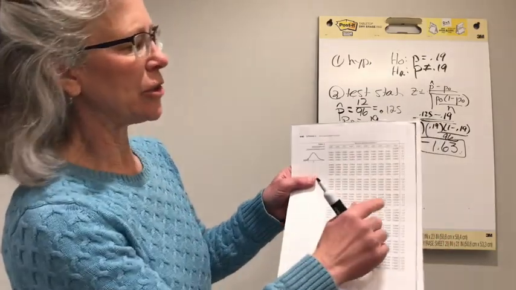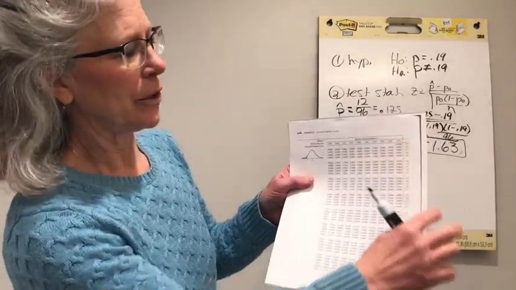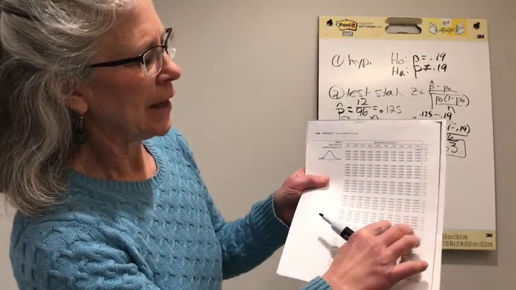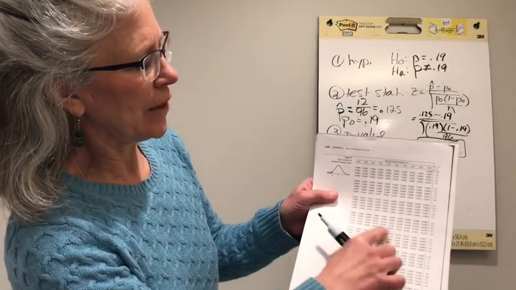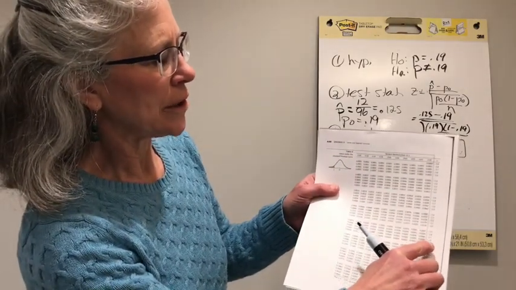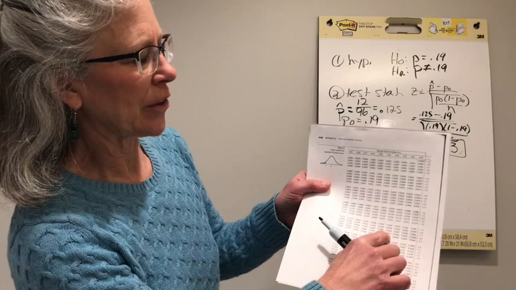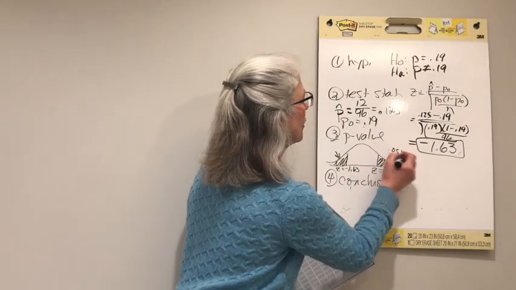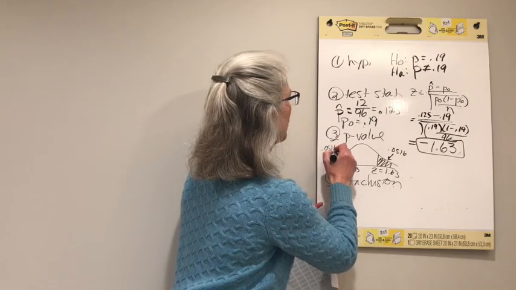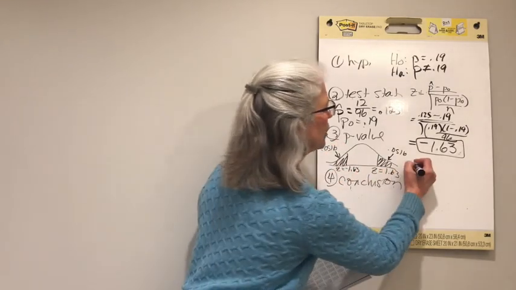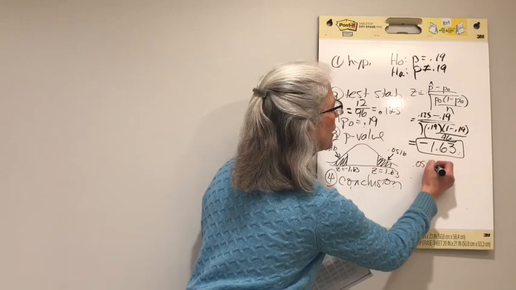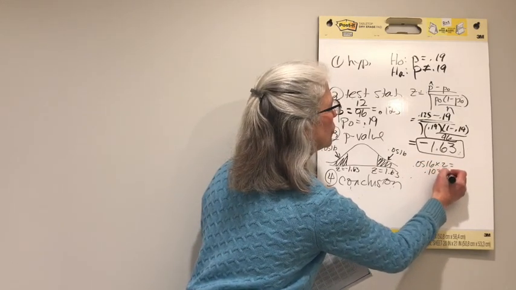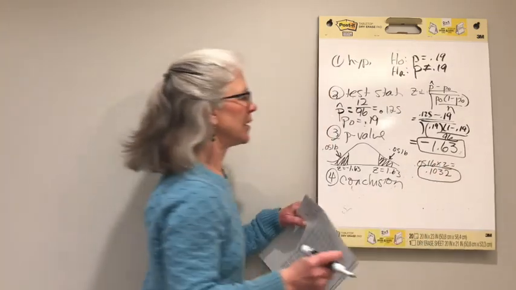That's the only one we need to look at. So we find minus 1.63, and the probability of getting something lower than that is 0.0516. So the total p-value is 0.0516 times 2, which is 0.1032. There's our p-value.